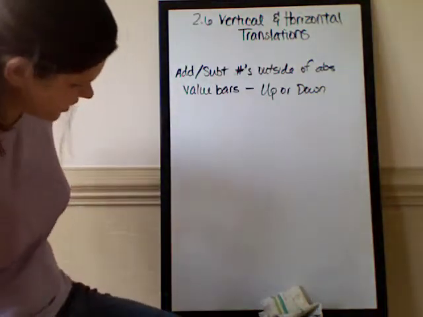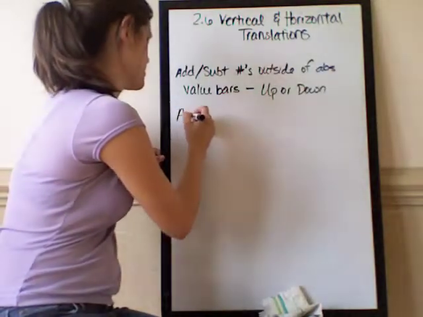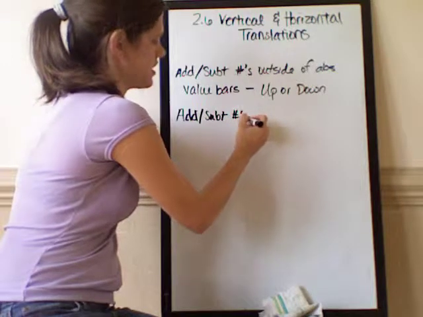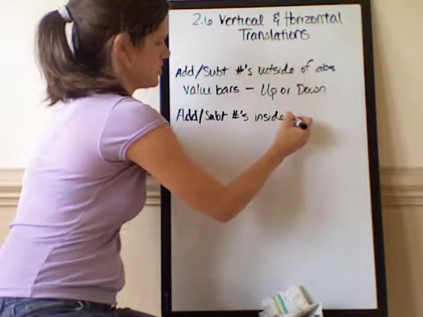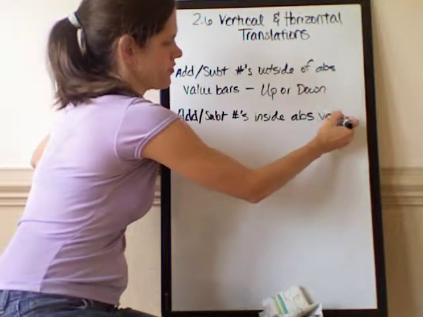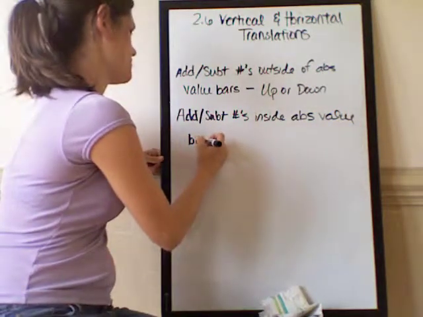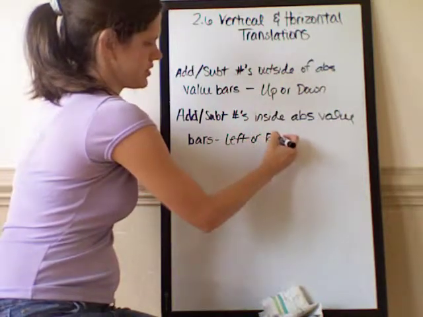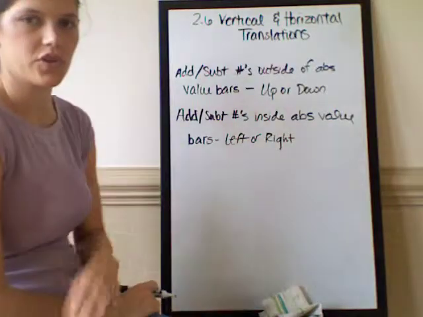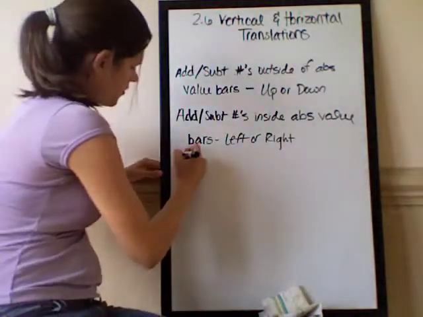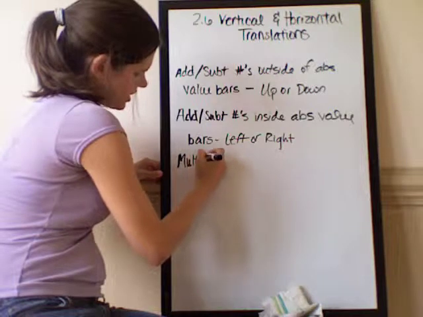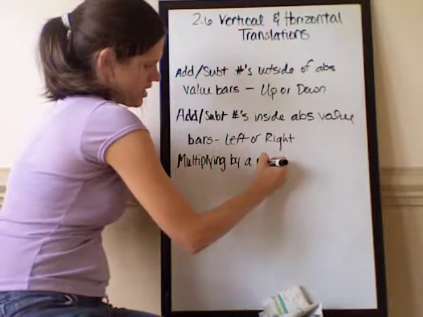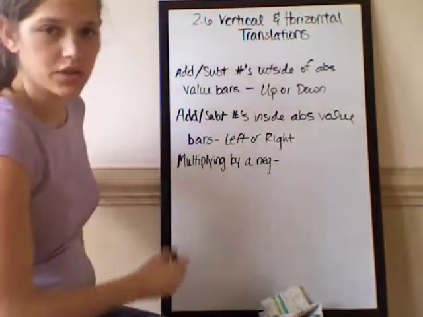The next one is adding or subtracting numbers inside absolute value bars. Okay, that moved left or right. That's the one that flipped it upside down.